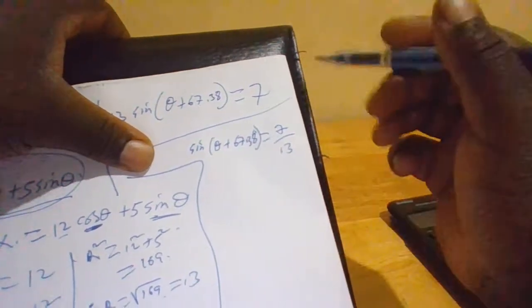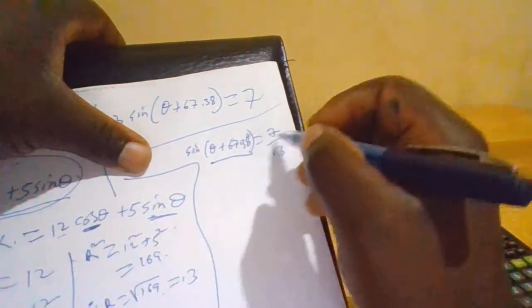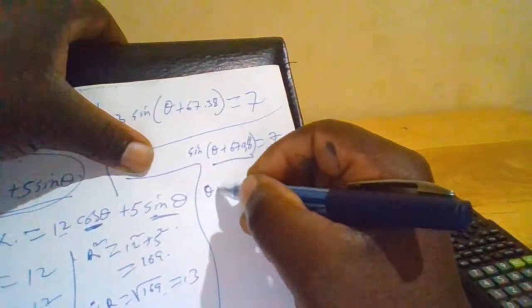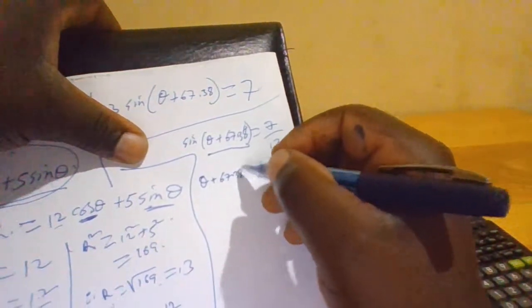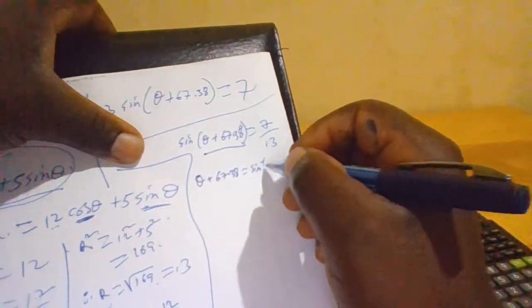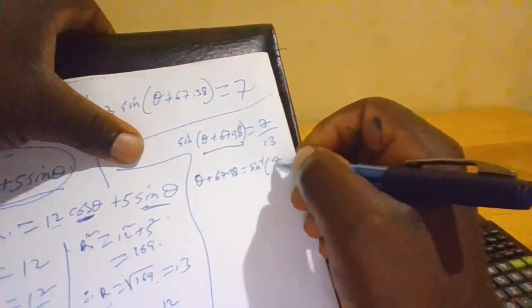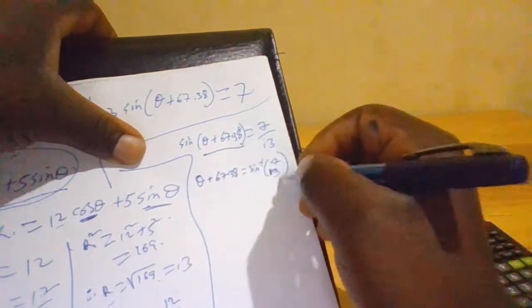For us to get this angle, we have theta plus 67.38 equals the sine inverse of 7 over 13.